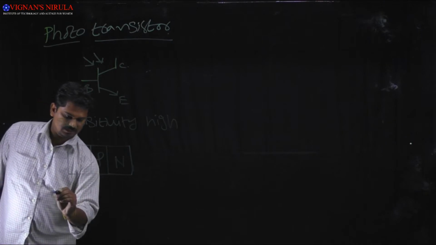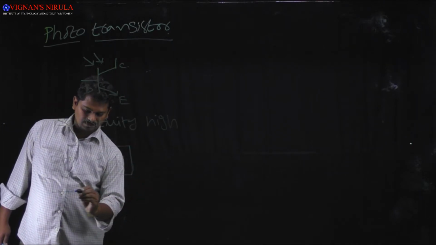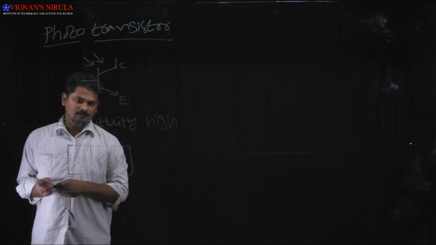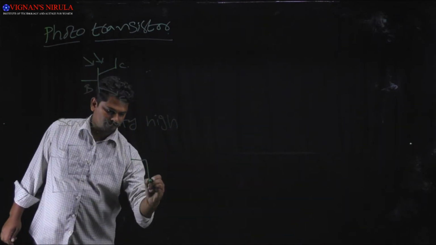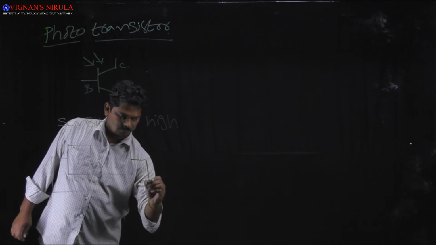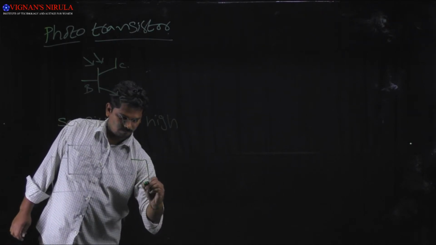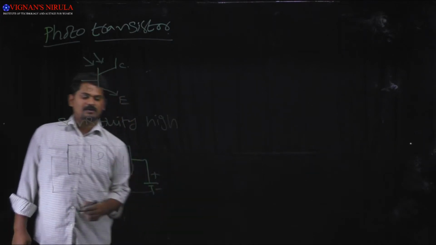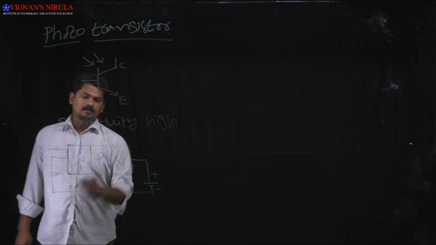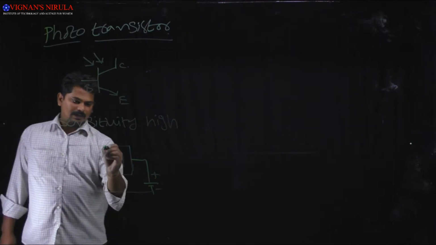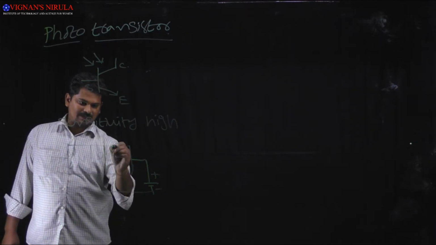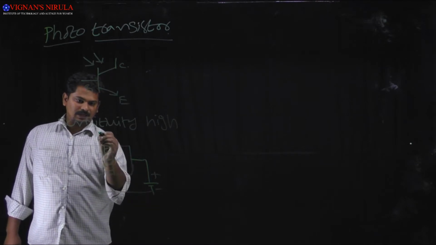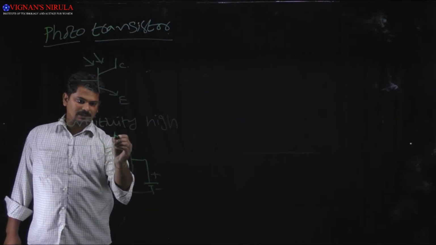So we are always applying reverse bias to your phototransistor, and due to this reverse bias we will get the depletion region here, and here we are using one more lens.